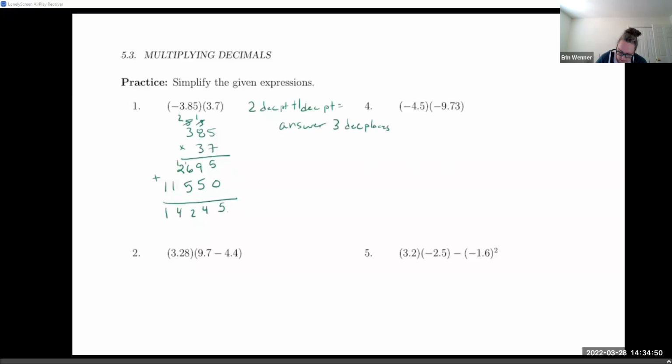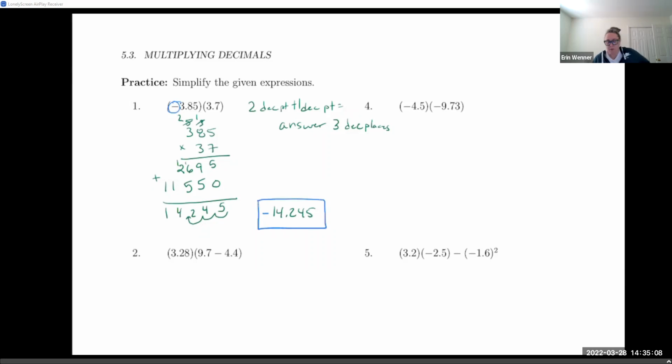So we're going to take our decimal, we're going to move it once, twice, 3 times to get 14.245. And then because we had a negative times a positive, our final answer is negative.